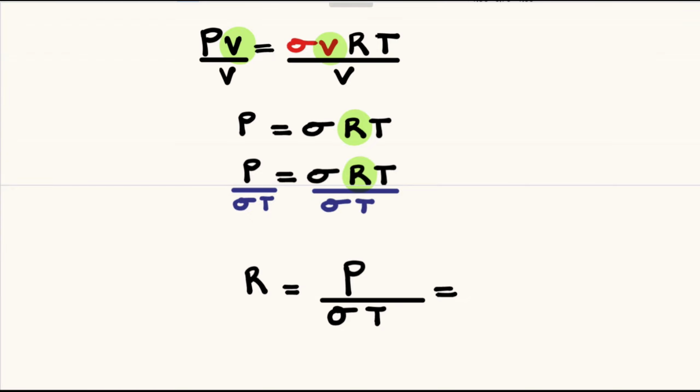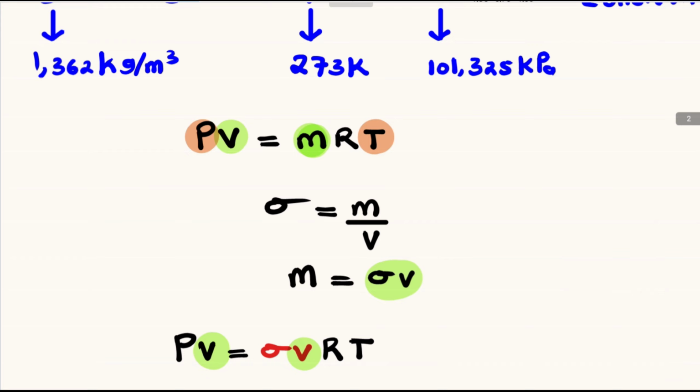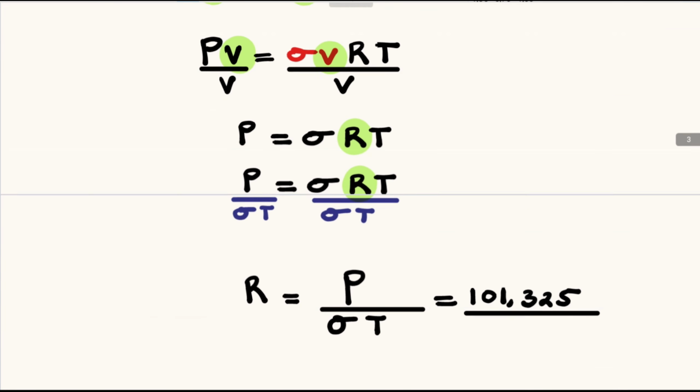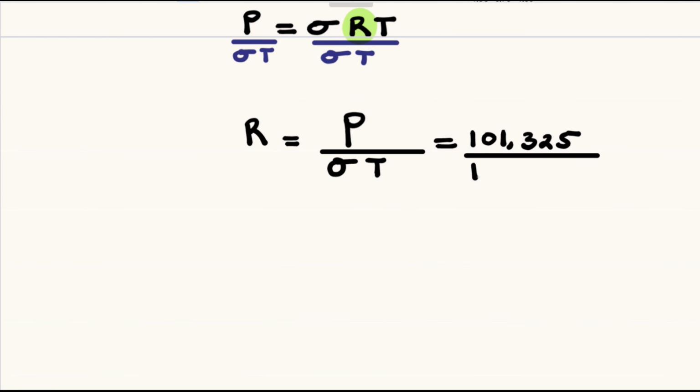So the pressure is always 101,325 at standard temperature and pressure. So I expect you guys to memorize this pressure, and the density was given as 1,362. We have 1,362, and the temperature at standard temperature and pressure is 273 kelvins.